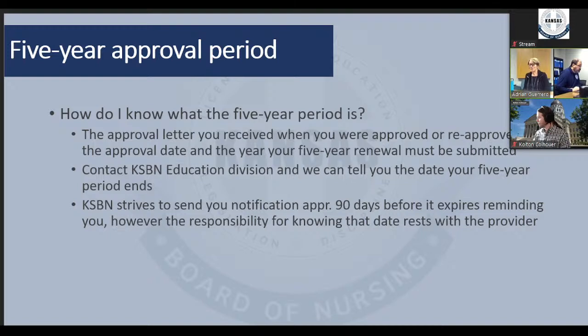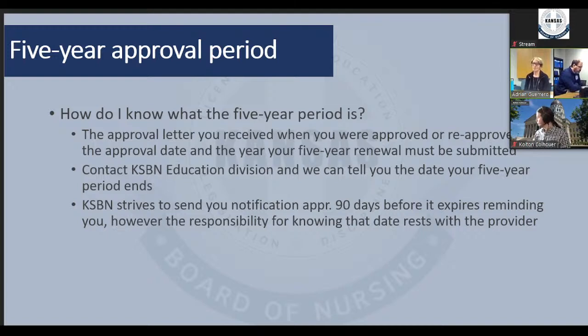However, if you do not know where those documents are and you're really not sure, call us. Call the education division. If you call Stacy Johnson, who is like our helper, our receptionist in education, she will be able to look that up and tell you the date.